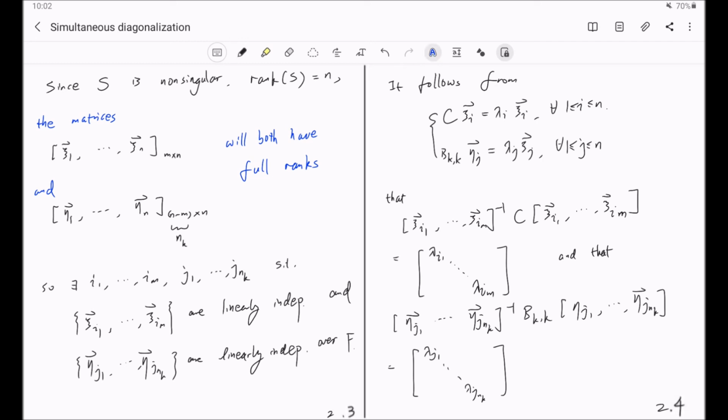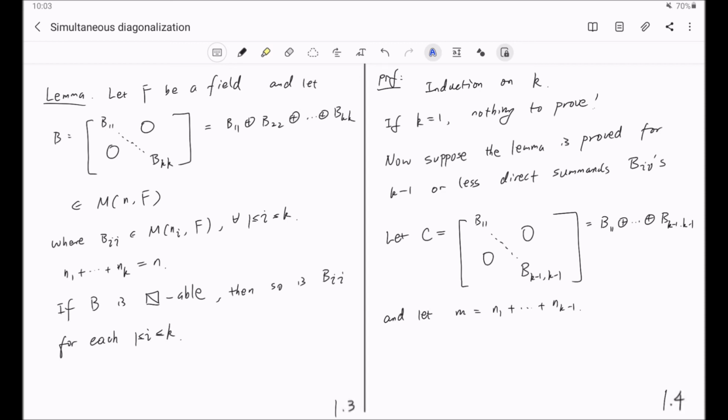So we have proved that both C and B sub kk are diagonalizable, and in particular because C has only k-1 diagonal blocks, by our induction hypothesis, which says the lemma is proved for k-1 or fewer diagonal blocks, we have that B sub ii is diagonalizable for i greater or equal to 1, less than or equal to k-1.